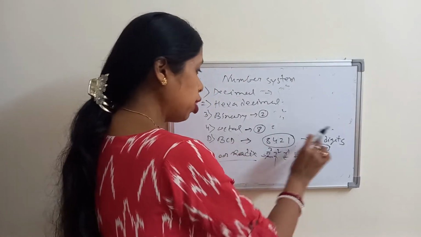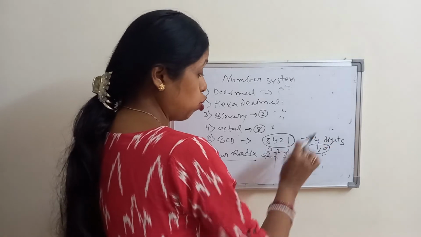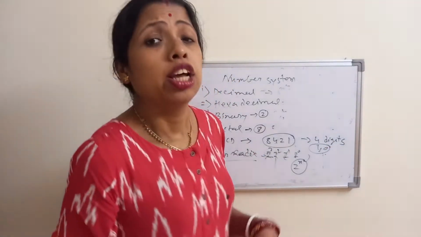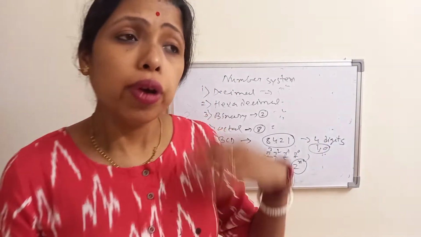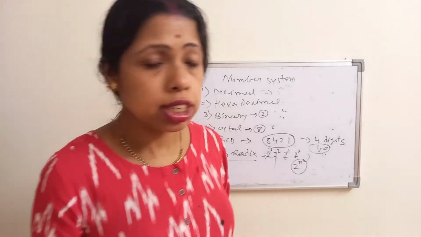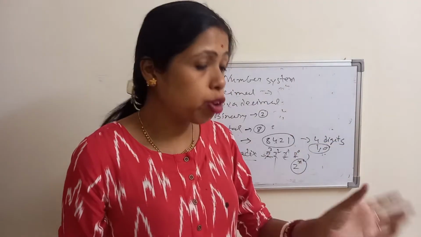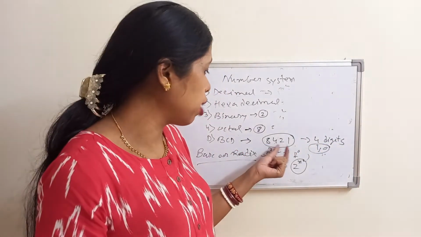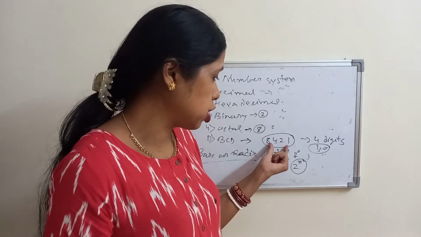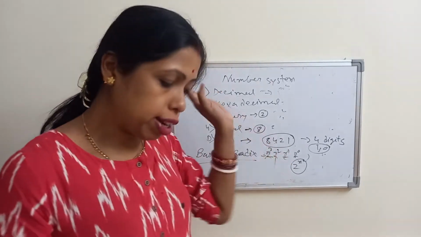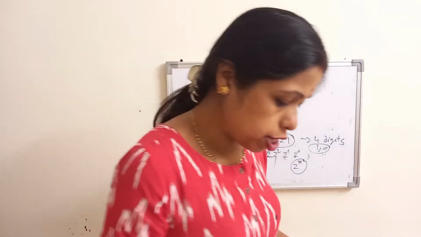In case of the BCD, only a 4-digit number should be there, and this 4-digit number consists of 1 and 0 bits. So by using the 1 and 0 bits, we can design lots of 4-digit numbers. But the format of the 4-digit number is like the 8421 format. This is the weightage. Okay. So BCD number I will discuss later.